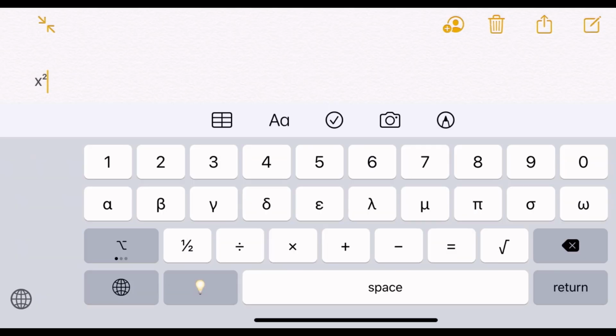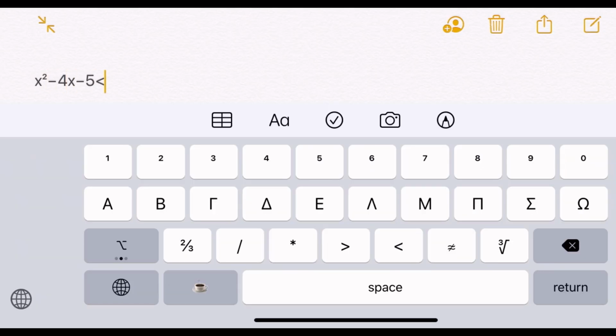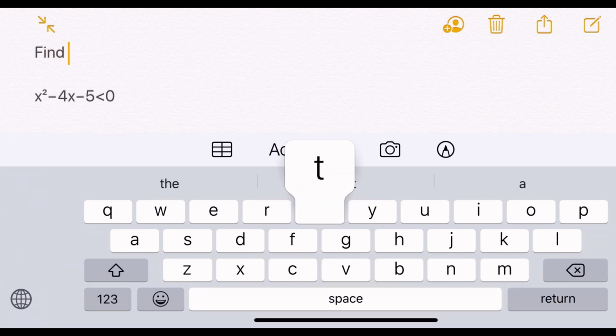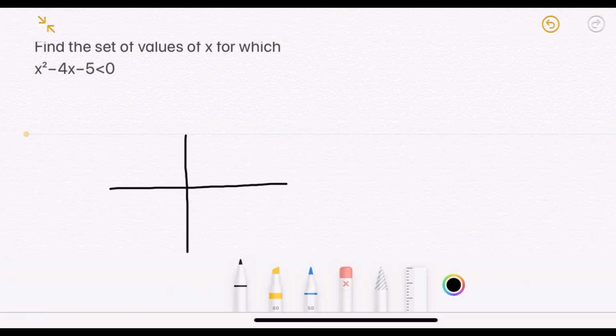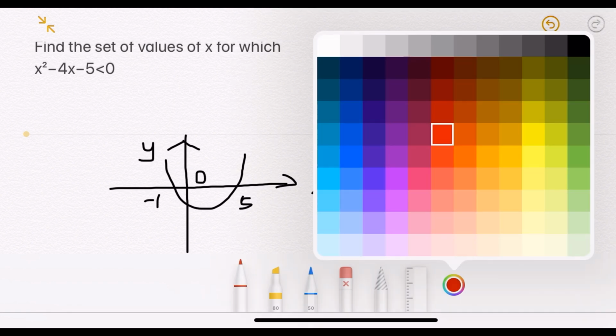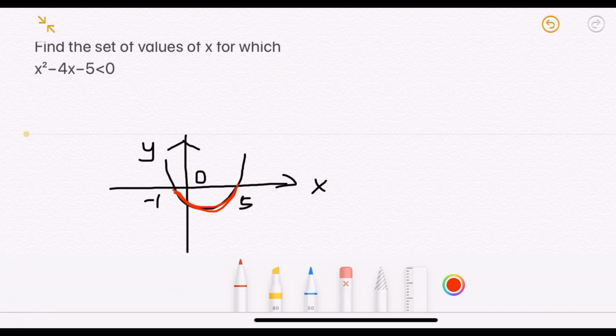And let's look at an example where x squared minus 4x minus 5 is smaller than 0 and we're trying to find the value of x. Then we'll draw a graph, and we know that we're trying to find a value below 0, which is the part that is now red.